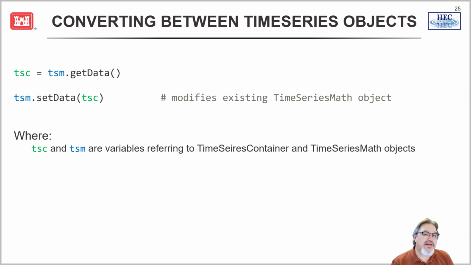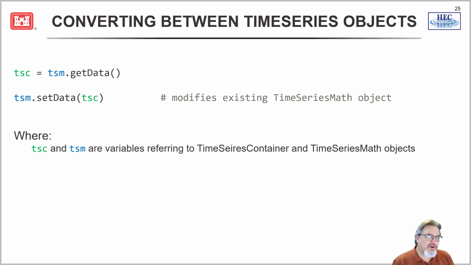If we already have a time series math object sitting around and we want to set its internal data to that of an existing time series container, we can say tsm.setData and give it the time series container, and then that time series math object will have the same data in it. So you can convert between those.